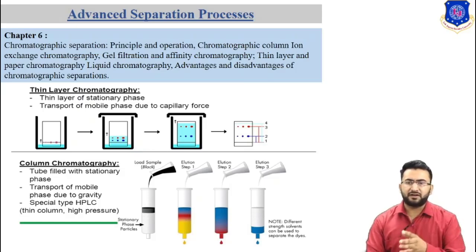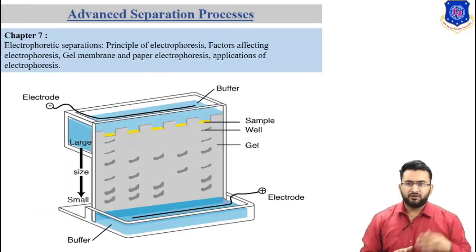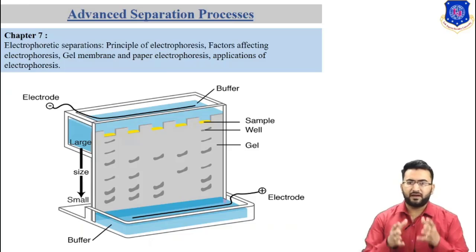Then we'll talk about the advantages and disadvantages of the chromatographic separation process. Then chapter number 7, in which we'll talk about the electrophoretic separation process, the principle of electrophoresis, factors affecting electrophoresis, gel, membrane and paper electrophoresis, and applications of electrophoresis.